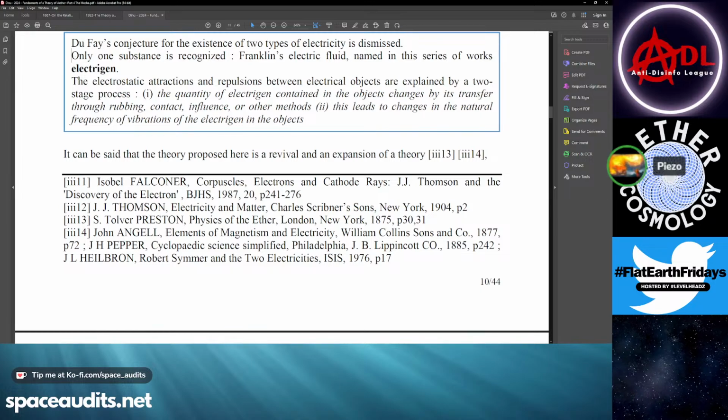The electrostatic attractions and repulsions between electrical objects are explained by a two-stage process. One, the quantity of electrogen contained in the objects changes by its transfer through rubbing, contact, influence, or other methods. And two, this leads to changes in the natural frequency of vibrations of the electrogen in the objects.